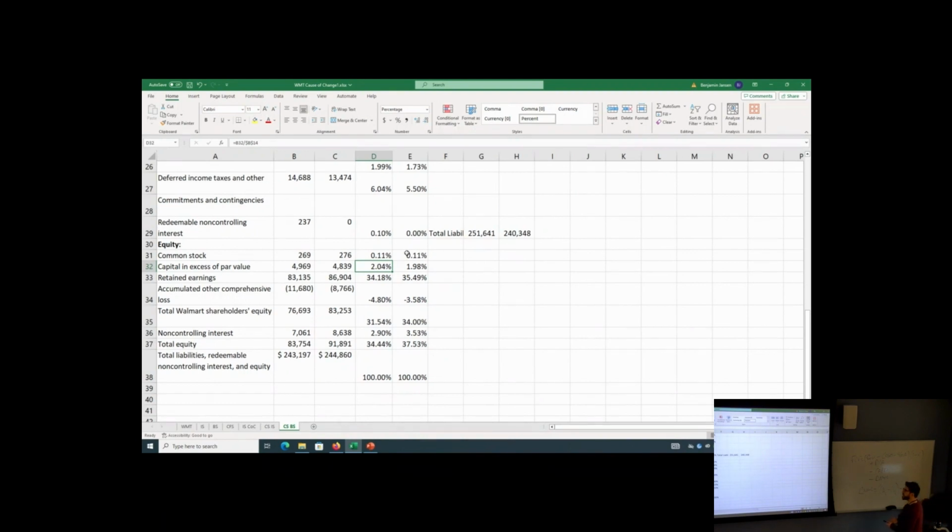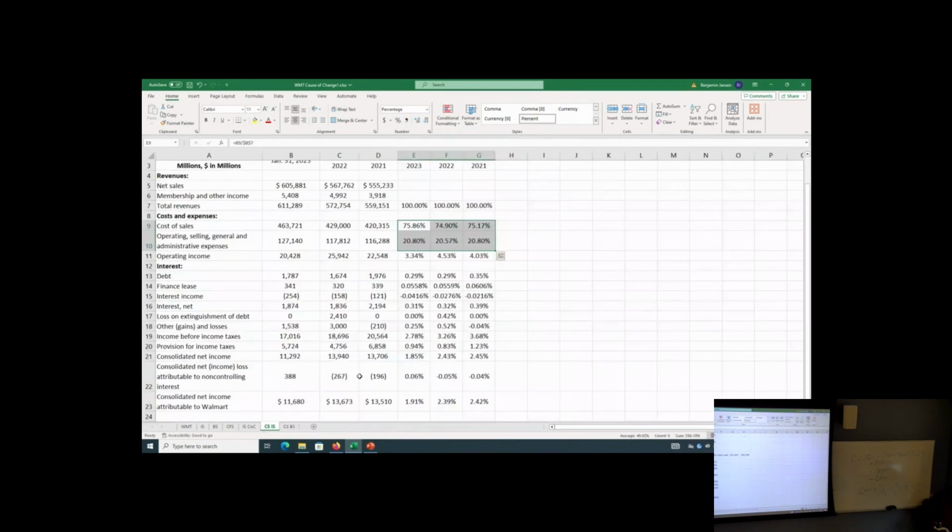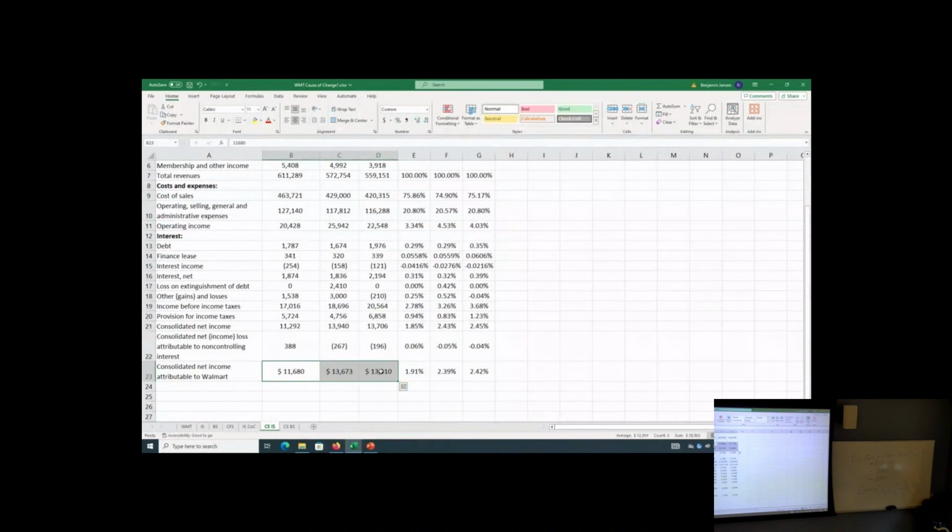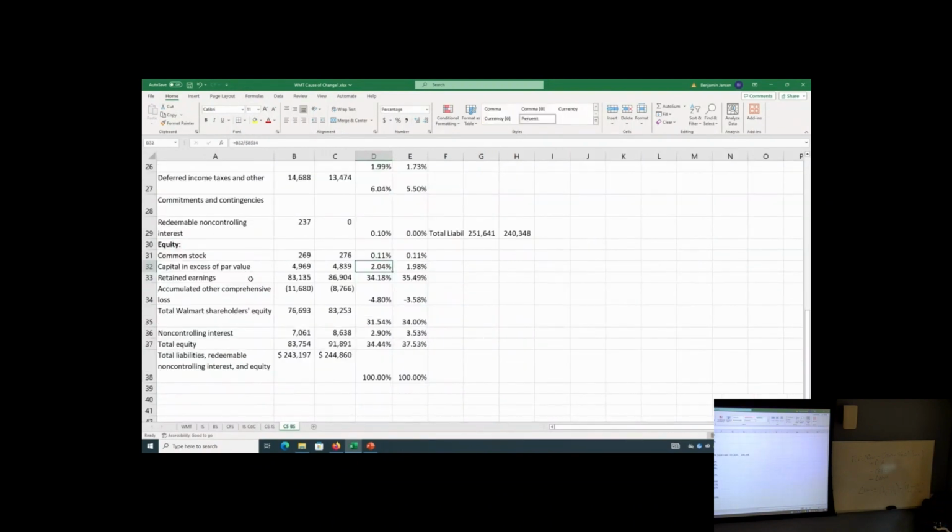When companies generate their net income, their bottom line, this bottom line is split into dividends being paid out to shareholders or retained earnings being held within the firm. That's all that is done with net income. It's either retained within the firm or paid out to shareholders in the form of dividends. So what we're looking at here with retained earnings is the accumulation of all previous year's earnings.